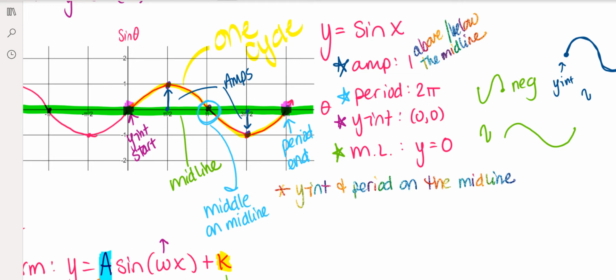Super, super important. So I'm going to add an extra note over here. So we have the y-intercept and the period are on the midline. Whoops. Not an I or an L. The middle is on the midline as well.